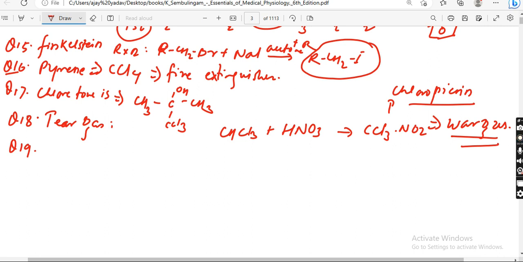Now, which of the following gives white ppt immediately with ethanolic AgNO3? So this is a very important question.